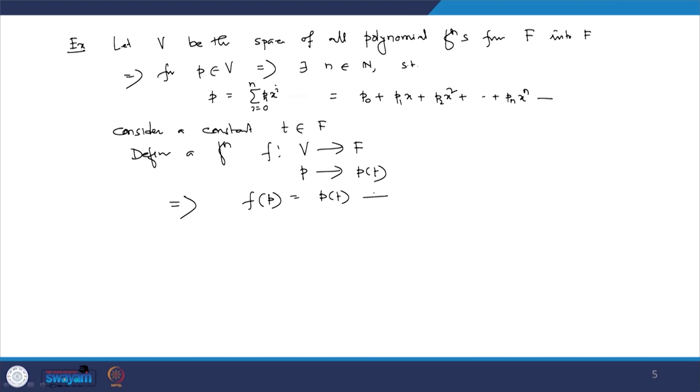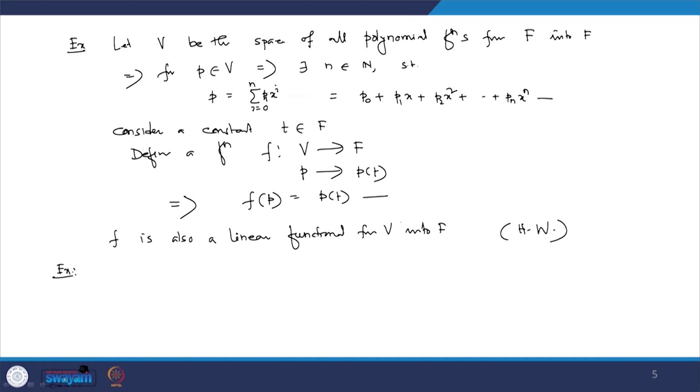If I define it like this, then again we can cross check that f is also a linear transformation from V to F, or a linear functional from V into F. You can check it. So, this you can consider as a homework to check whether f is a linear functional or not. Okay.